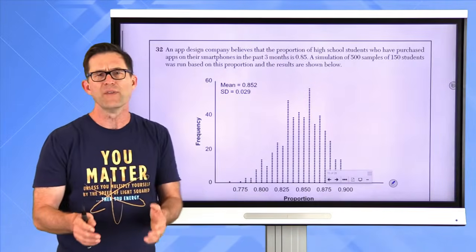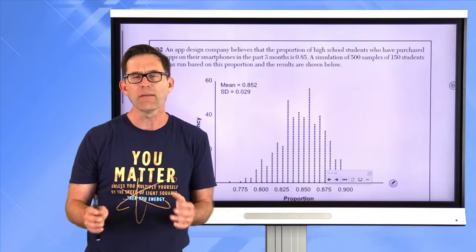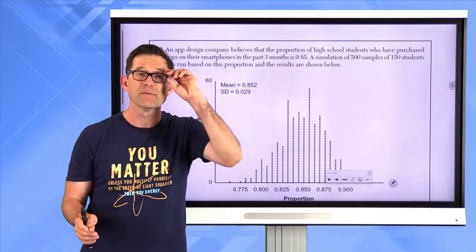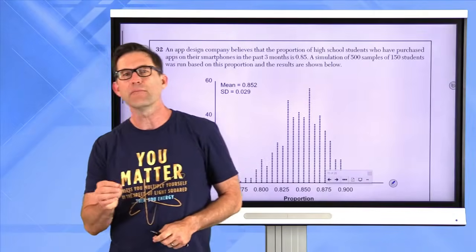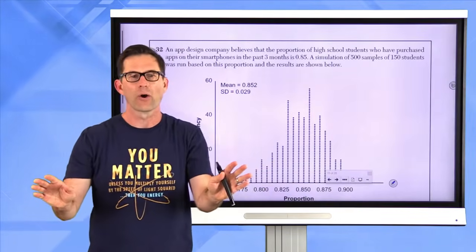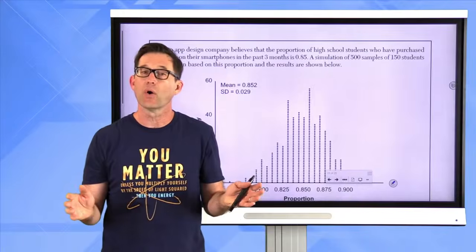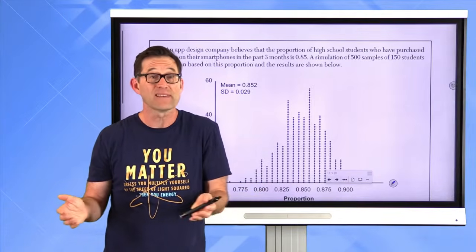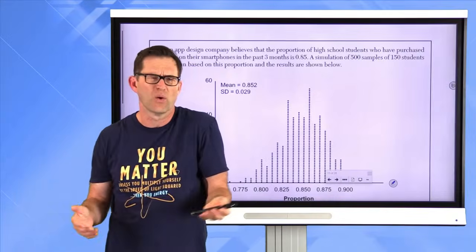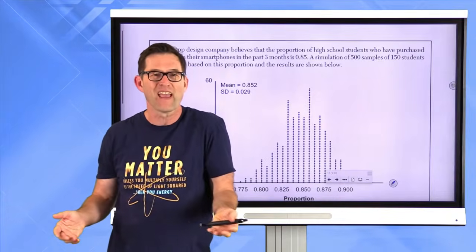But when you did this at your school, you found 88%, which is obviously not the same as 85%. Now the question is whether 88% is so out there that the app designers should go, well, I don't know, maybe it really isn't 85%. Maybe it's actually higher or lower, but probably higher, because of the 88%.